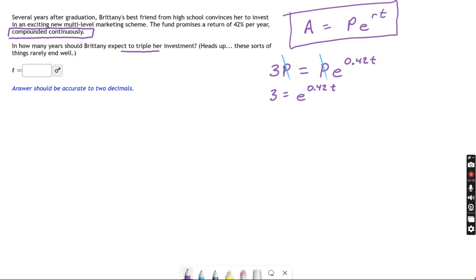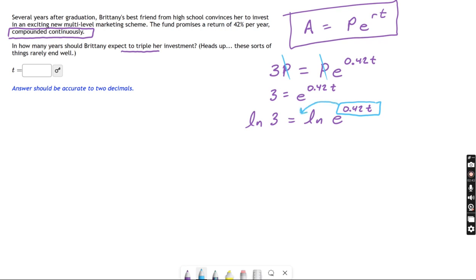So let's take the natural log of both sides. ln of 3 then equals the ln of e to the 0.42t. I almost always use ln on both sides. It's awfully convenient, and sometimes it cancels out very nicely. Sometimes it doesn't, but in this case, we're going to see that happen in just a moment.